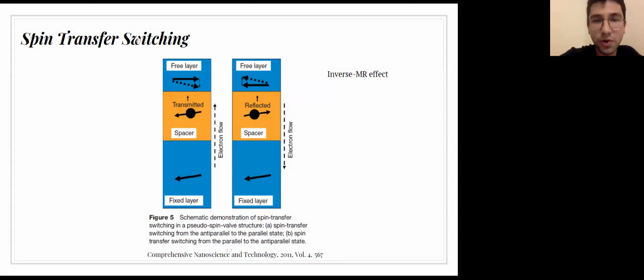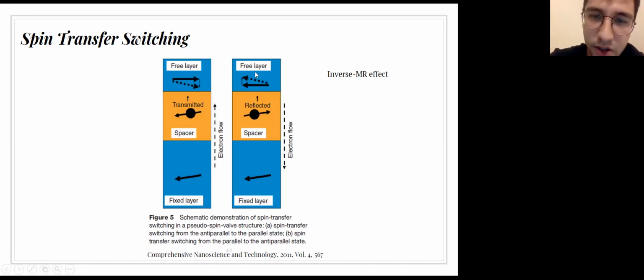When we flow the electrons, you see here the electron flow arrow from fixed layer to free layer, the spin orientations are transmitted in the spacer, then cause precessional torques in the free layer, which effectively changes the orientation. In the opposite sense, when we give the current from free layer to fixed layer, this is exactly the inverse effect.